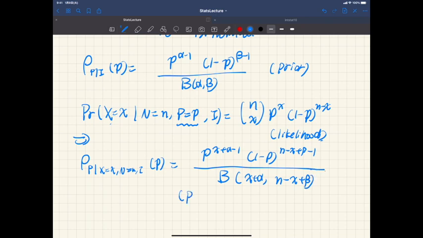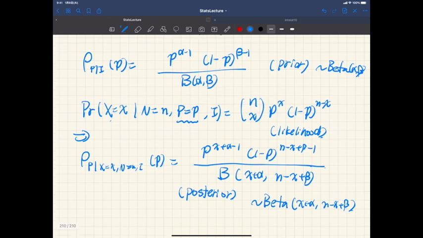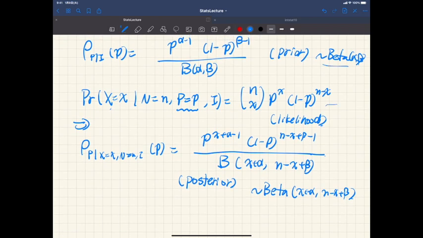This is the posterior, and it is again a beta distribution, but with a different set of parameters. So beta and binomial, these two distributions are conjugate distributions.